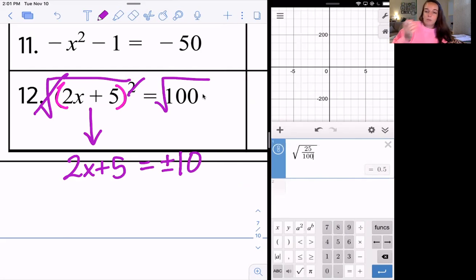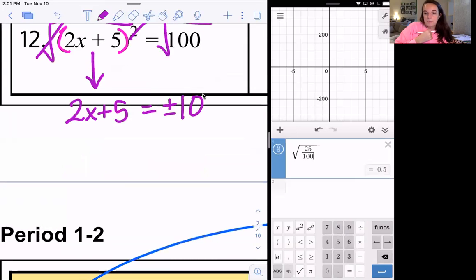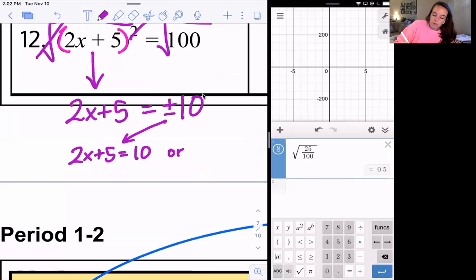What does that mean for our problem that we have plus or minus at this point? Yeah, awesome. From the chat, we have to split it up. So we have 2x plus 5 could equal positive 10, or 2x plus 5 could equal negative 10. Like that.